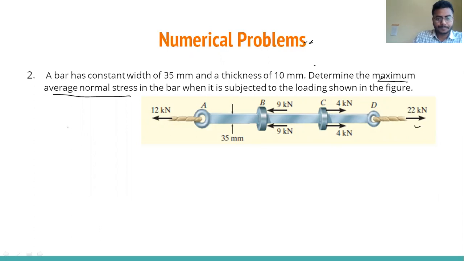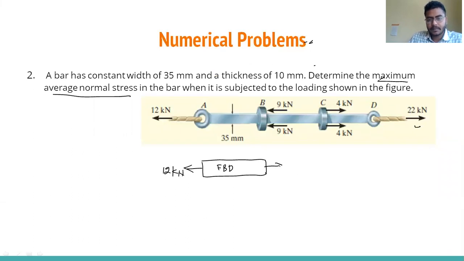First, draw the free body diagram of the AB segment. So this is the AB segment. Here, this is the free body diagram. Here, force is acting 12 kilonewton, right?